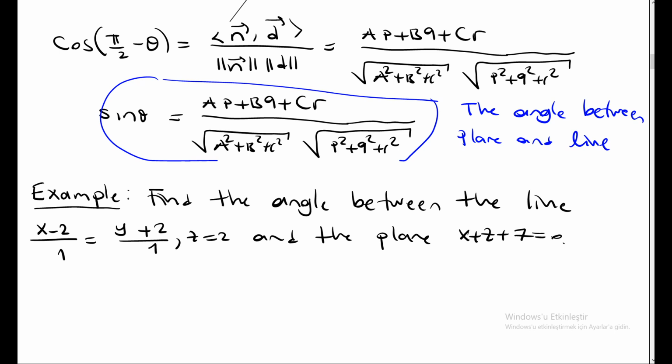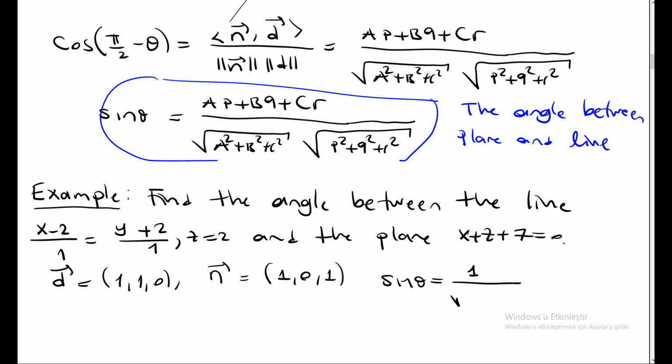So you see you have d, the direction vector of the line, 1, 1, 0, and n is 1, 0, 1. So sine of theta will be, if you multiply, this one only 1, over square root 2 times square root 2, so you have 1 over 2. So theta will be pi over 6, 30 degrees.